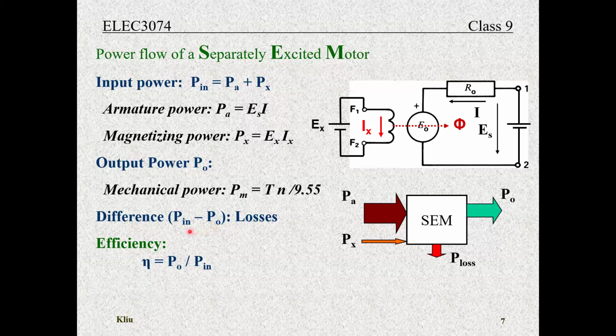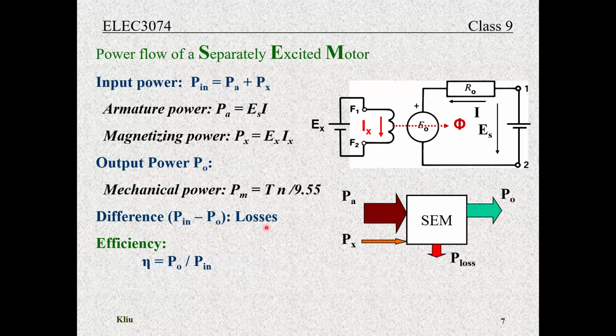That is always the case. If it were the other way, we would be gaining power out of thin air, and that's just not happening. So the difference between whatever we put in, subtracted by whatever we're actually getting on the output, equals the losses.